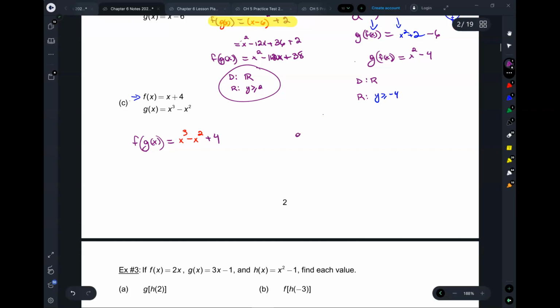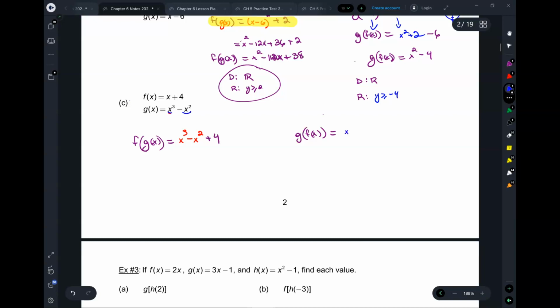Let's do g of f of x and then we'll come back and do domain. G of f of x. Now I'm going to take f and put it into g. So all of these x's here are going to be replaced by x plus 4, right?